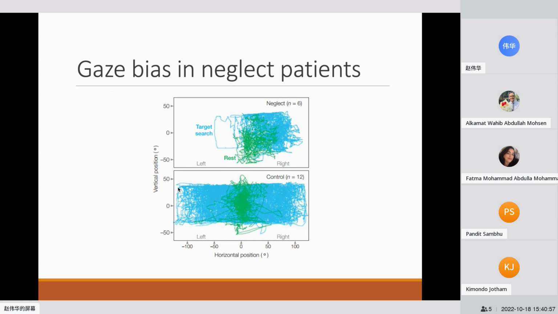For the eye movements in these patients with neglect, they show an ipsilesional gaze bias. For figure A, the top one is the neglect patient, and the bottom one is the healthy control. We can see the difference.